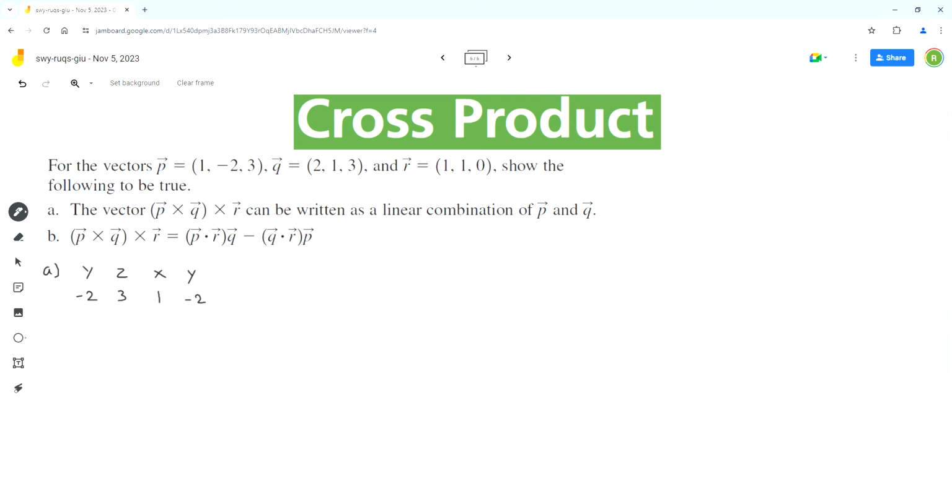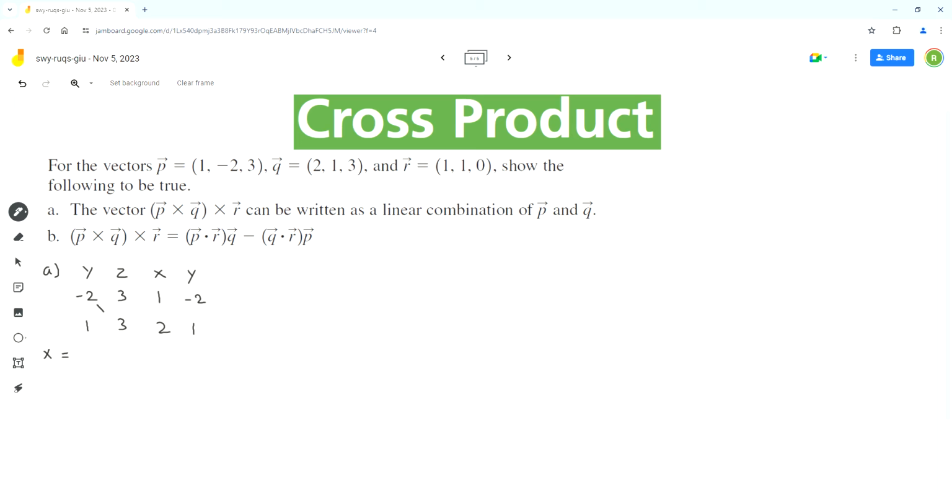For vector Q, the y component is 1, z component is 3, x component is 2, and y component is 1. Now we can find the x, y, and z components of the cross product of vectors p and q. So let's start with the x component.